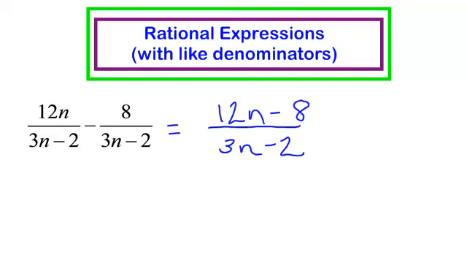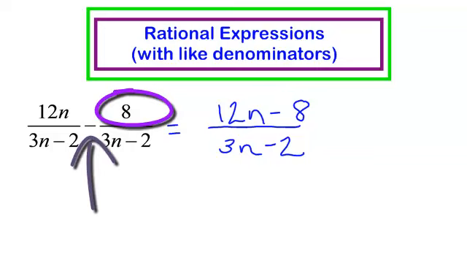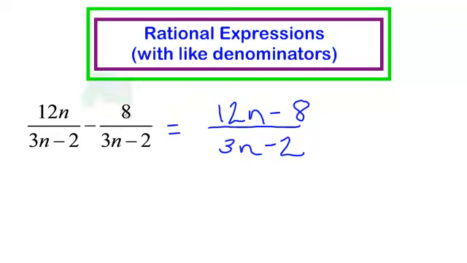Now this problem was not that difficult because I just had one term. But be careful about this negative in front of this fraction, because if this term had been a binomial, I would have to make sure I distributed that negative. Okay, am I done? No.